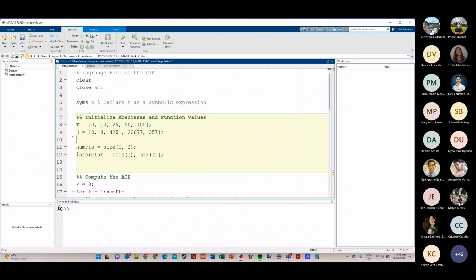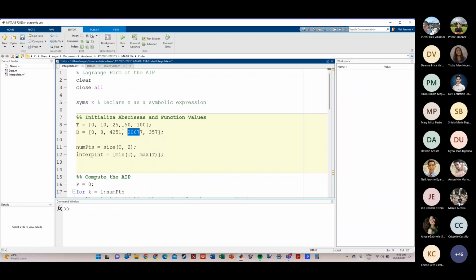Tapos, I made another vector, pero this time, ang laman naman ni vector D ay yung mga number of infected individuals. So, the vector D in my code will contain the function values. So, ibig sabihin, yung first component ni D ay function value ng first component ni T. The fifth entry in D is the function value of the fifth entry in T. So ibig sabihin, ang hinanap ko, P of 100 dapat ay 357, P of 50 dapat ay 20,677, and so on.